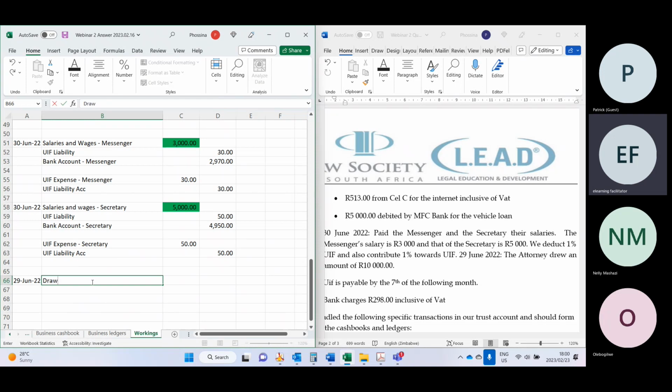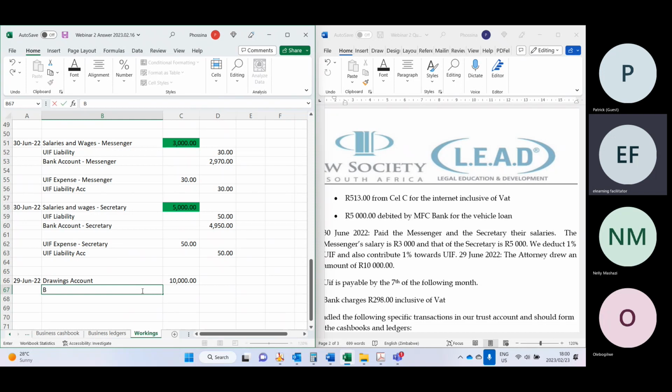We take to our drawings account 10,000. Our drawings account is more like an equity account. At the end of the year it will be consolidated with retained earnings or with any capital. It will reduce the capital or any profits that are coming from the business.